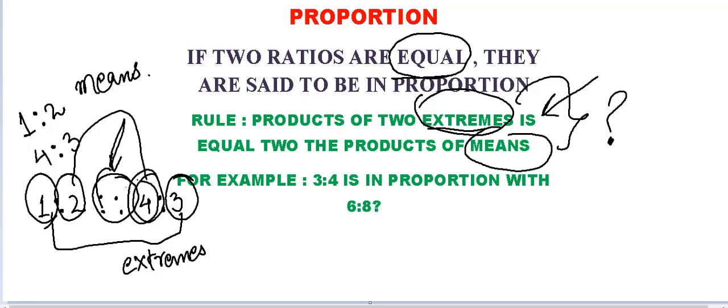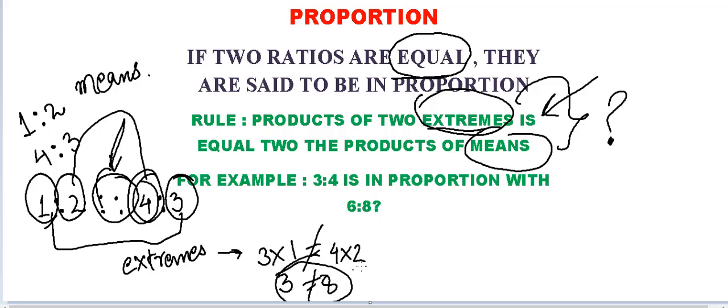Now I will check their products. It will come out as 3 times 1, and the next product is 4 times 2, which is absolutely not equal. It comes out as 3 and it comes out as 8. 8 and 3 are not equal, so these ratios are not in proportion.